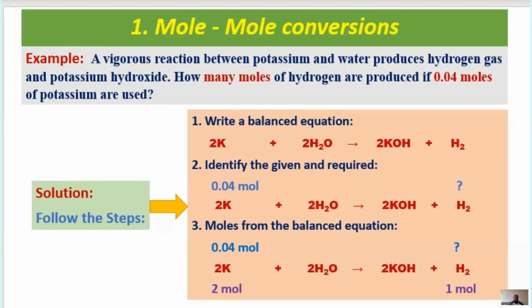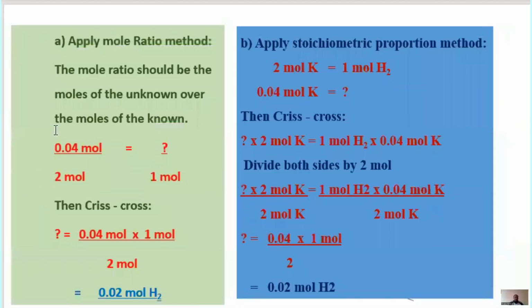And then you can apply the mole ratio method and the stoichiometric proportion method. A combination of these two methods should be applied to find the required number of moles of hydrogen produced.